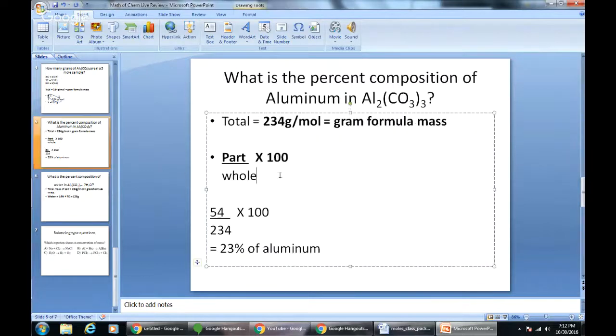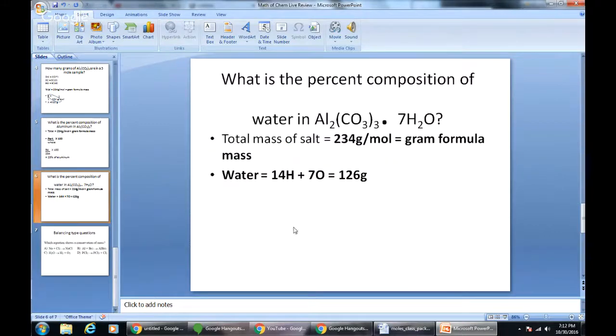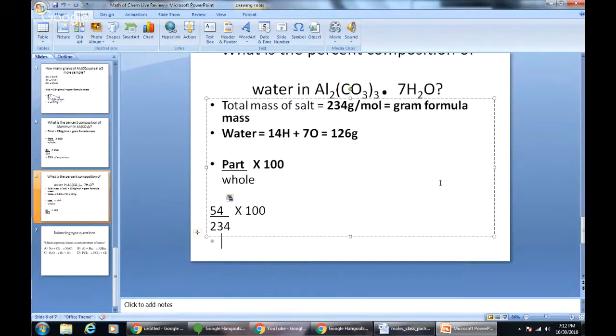Let me grab that over here. Grab all of it. Okay. Oops. So part over whole times 100. The part is the water, 126 grams. And the whole is the salt, so aluminum carbonate, plus the water.